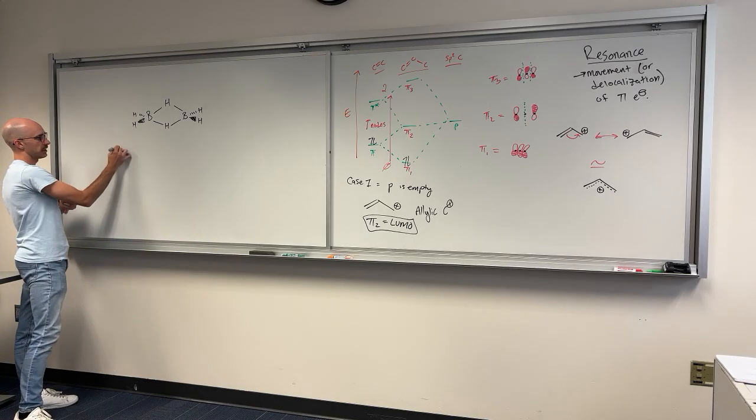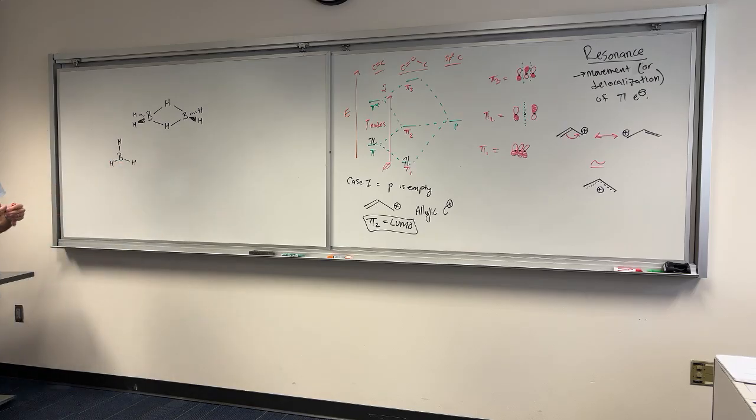So borane is BH3, and it's planar. The boron has an unoccupied p orbital, according to valence bond theory. But when you use molecular orbital theory to build the molecular orbitals of borane, it allows for the hydrogens to actually bond to both of the borons at the same time.